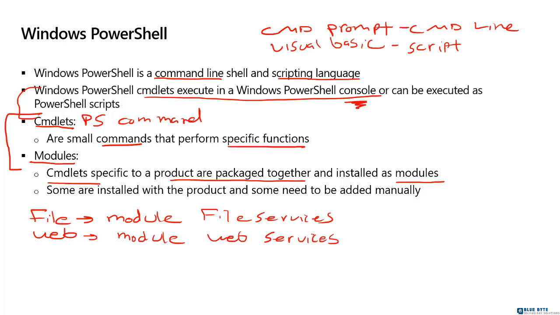Now, these modules contain all the individual commandlets. Until that module has been loaded on your system, those PowerShell commandlets won't execute. So if I go to a server that's not a file server and I type some of these commands, they're just going to error out and tell you it's an unknown command.